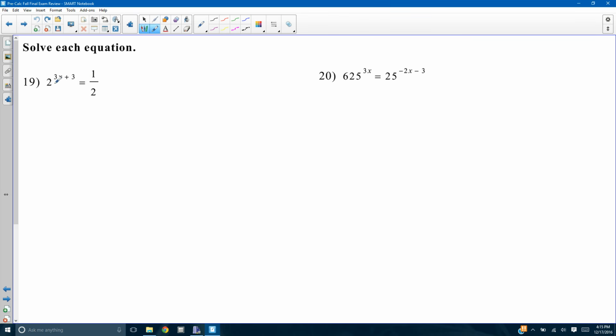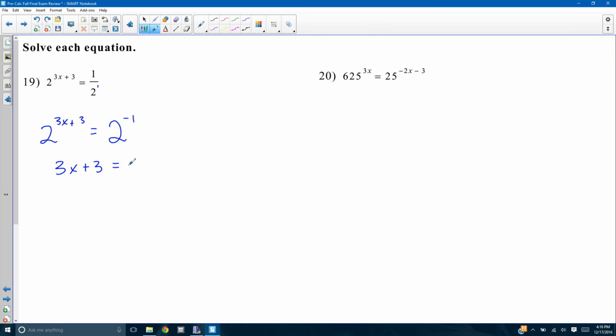What I'm going to do is go for a matching base, same base principle, meaning I have 2 to the 3x plus 3 power here. And over here, can this be written as 2 to some power? And the answer is yes. This is 1 over 2 to the first power. This is 2 to the negative first power. Those are equivalent. If 2 to this equals 2 to that, then this is equal to that, and we can therefore solve for x.